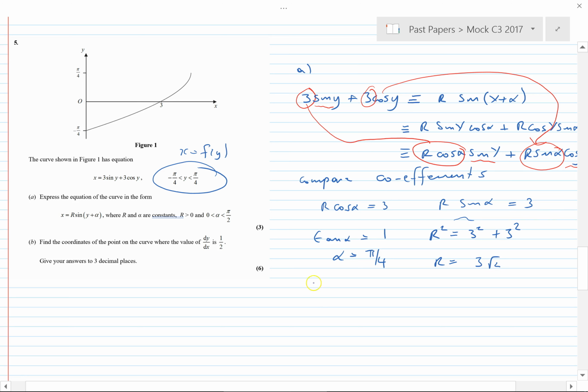I think we've probably done enough to get the marks, but just to be safe, I ought to write out our formula here with the values of r and alpha that we found. So it means that is algebraically equivalent to that. And we're going to use it in the next part.